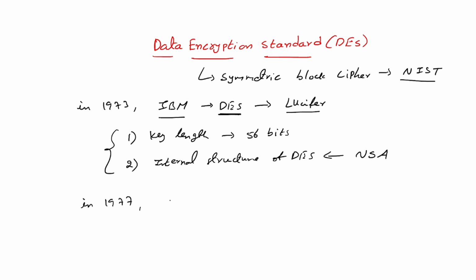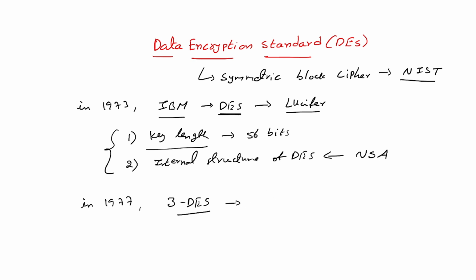After some time, they improved the security based on the key length and developed 3DES, triple DES, which contains DES 3 times. So there are 3 ciphers in 3DES and the key length is increased. Okay, this is the history of DES.